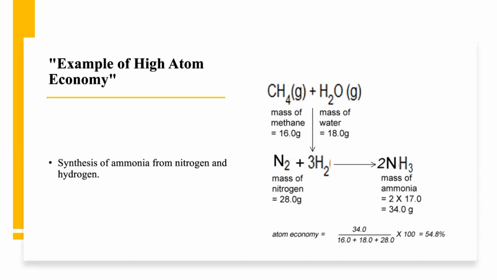High atom economy produces a high percentage of the desired product using a minimum amount of reactants, and low atom economy produces a low percentage of the desired products using a large amount of reactants. As you can see the difference between the low atom economy and high atom economy, because low atom economy gives us 1.31 percent and high atom economy gives us 54.8 percent.